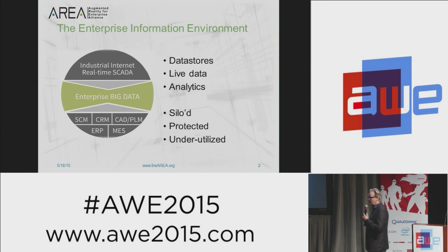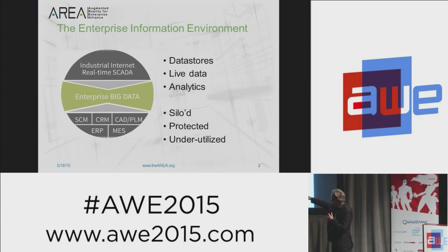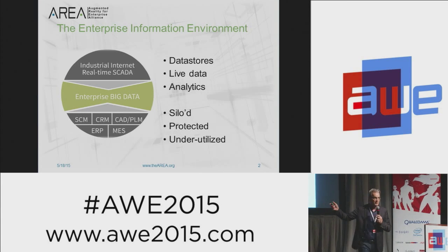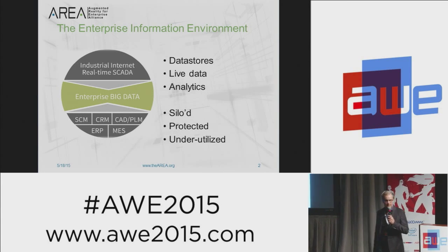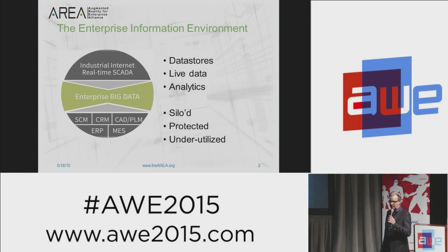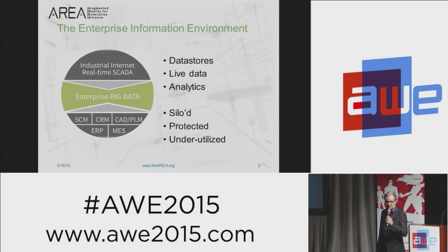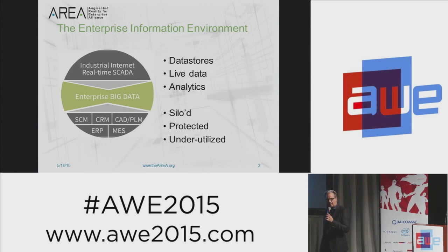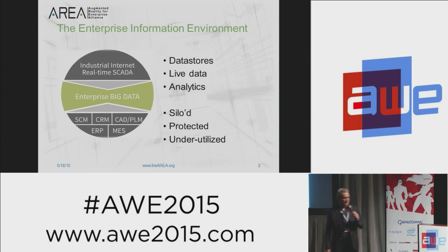So the enterprise industrial data environment is inherently complex. Down on the bottom here, we've got an alphabet soup of enterprise systems. Everything from ERP systems to manufacturing execution systems to PLM, CAD, maintenance and repair and overhaul systems.